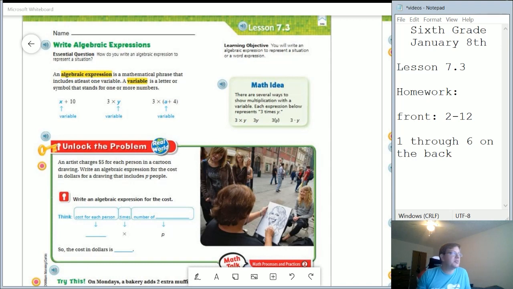To start with, a variable is a letter that stands for one or more numbers. Now, it says one or more. For what we're working on today, it's just going to represent one number.